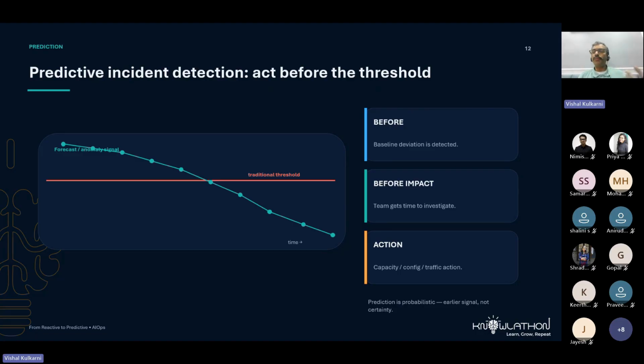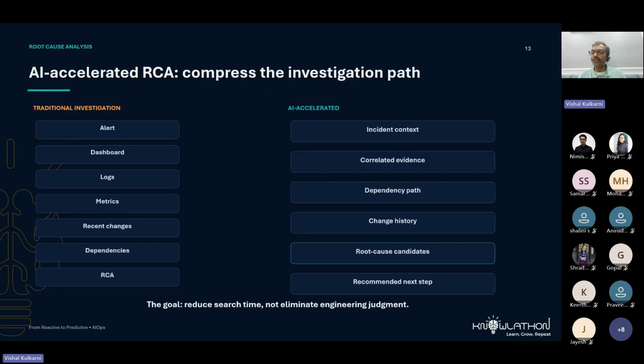That allows us to take a little time to investigate, find the solution, and have it in place before it really creates impact on the customer implementations or product and services.